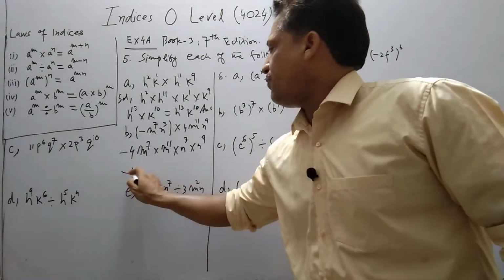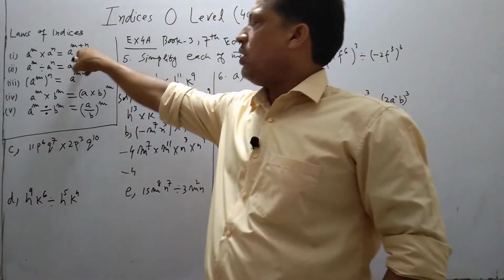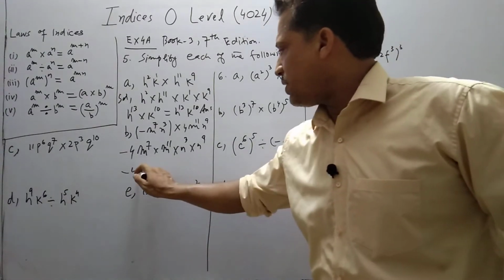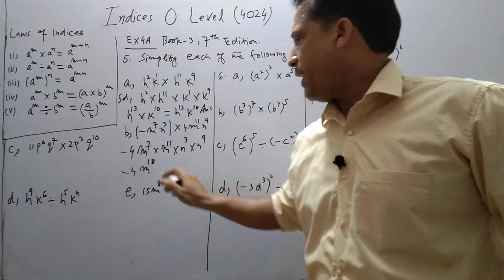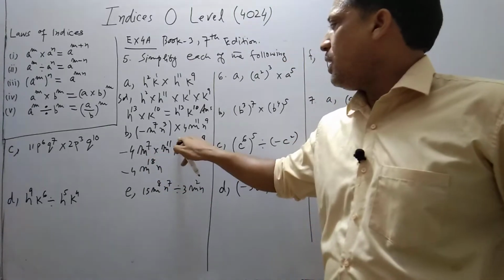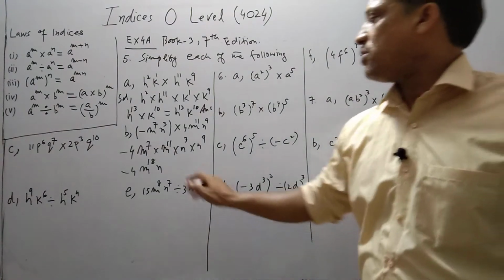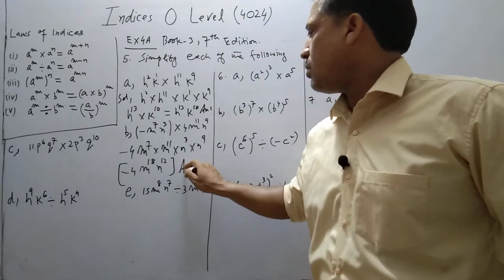Now minus 4 m power 7 into m11. Apply first law. Both the bases are same, just add both powers. 11 plus 7 is 18. n cube and n9, add both the powers. 9 plus 3 is 12. So this is your answer.